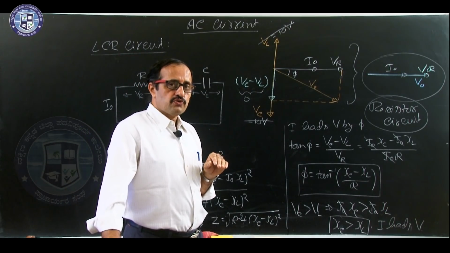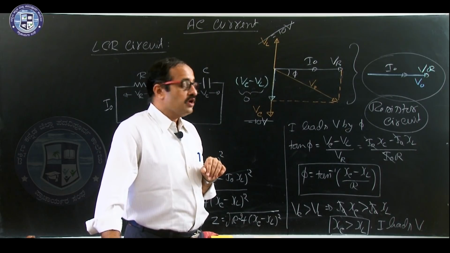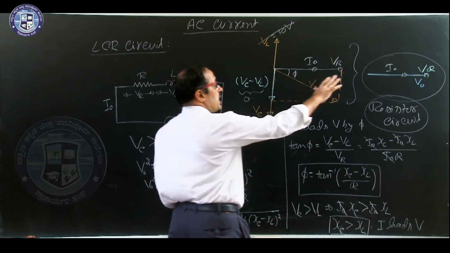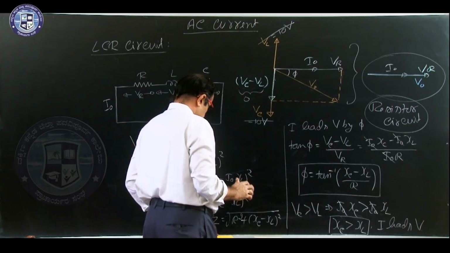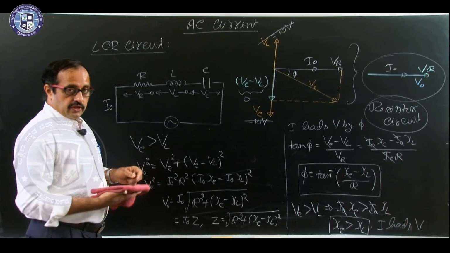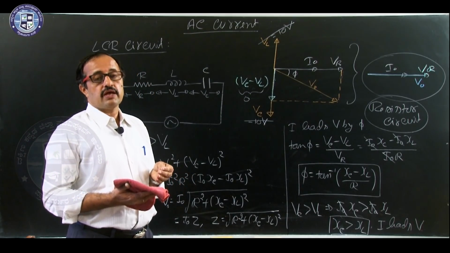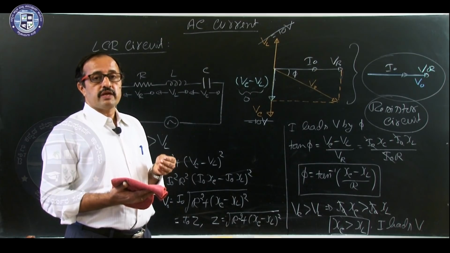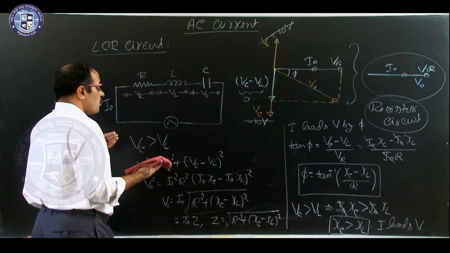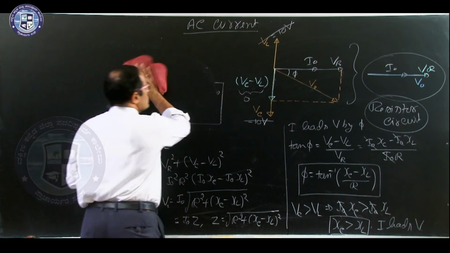There is a good explanation for why it is known as electric resonance. But whenever this happens, we say LCR circuit is at electric resonance, and you can expect this one for 3 marks in annual exam. What is meant by electric resonance? Obtain the condition or obtain the expression for resonant frequency.